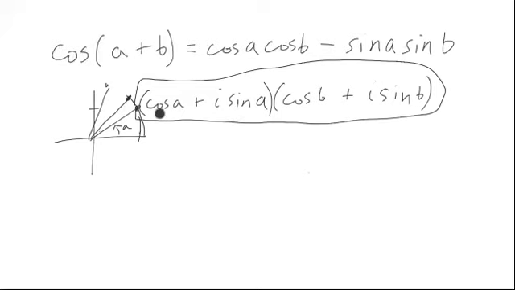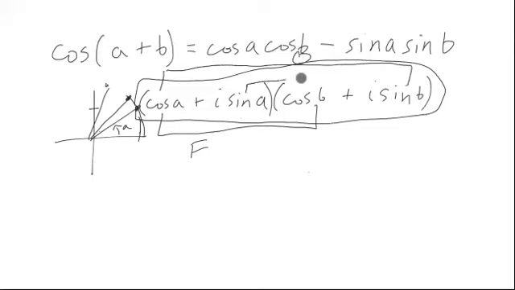When we do a FOIL, this is the F of the FOIL, the first. The O is the outsides. The I is the insides, and the L is the last.